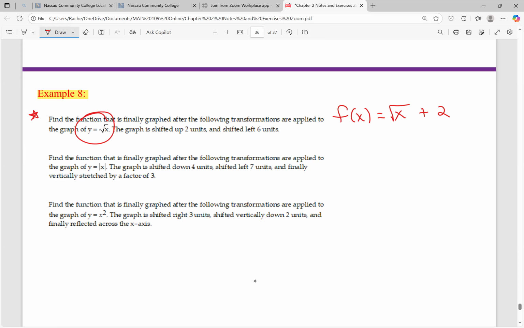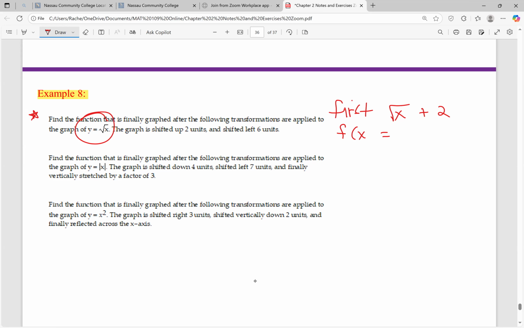So that's going to shift it up 2 units. Now we want to shift it to the left 6 units. So that's going to be an inside change, right? A horizontal shift. So we have to add or subtract from x. So f of x, and you know what? Let's just say first, because we'll call it f of x. So first, we're going to take the square root of x plus 2.